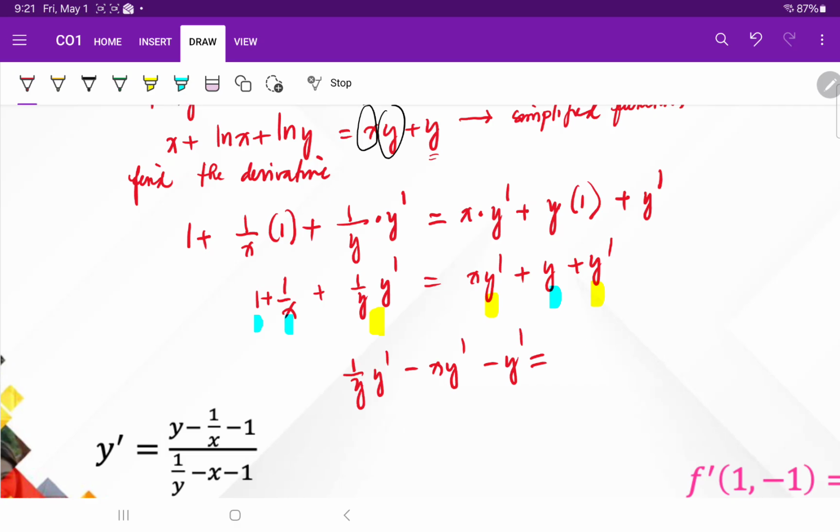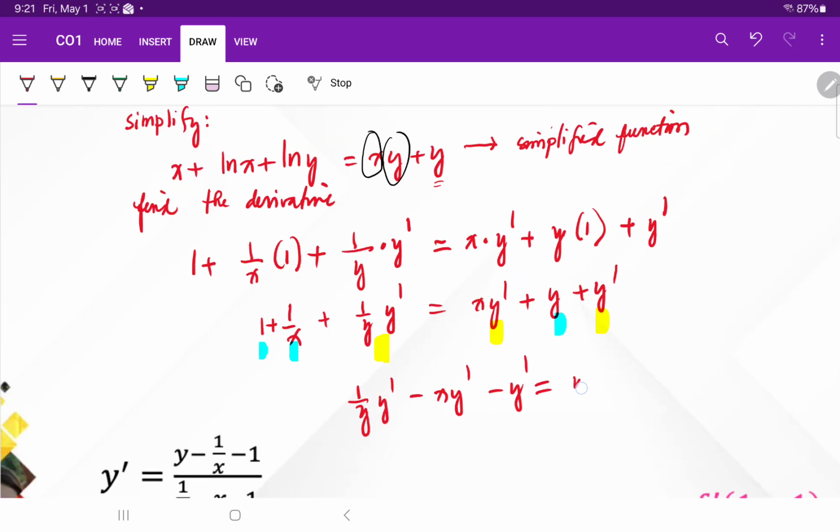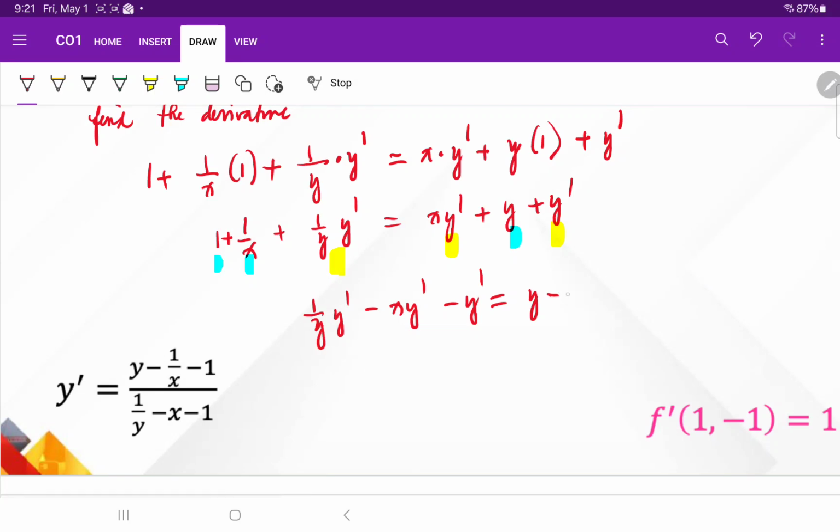So what's left here is y, then minus x minus 1 over x. Alright, so then we factor out y prime. So we get here 1 over y minus x minus 1, times y prime, is equal to y minus x minus 1 over x.